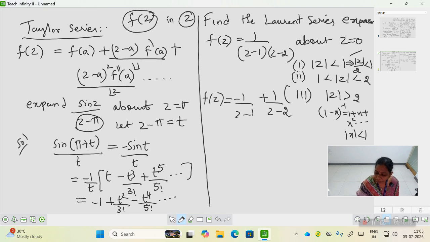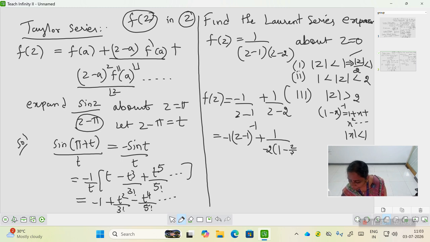Since mod z itself is less than 1, I can bring the denominator to the numerator, z minus 1 the whole inverse, plus, and since mod z by 2 is less than 1, I'm going to take minus 2 out, so I'll get 1 minus z by 2. I have to take minus out, only then I'll get 1 by z, isn't it?